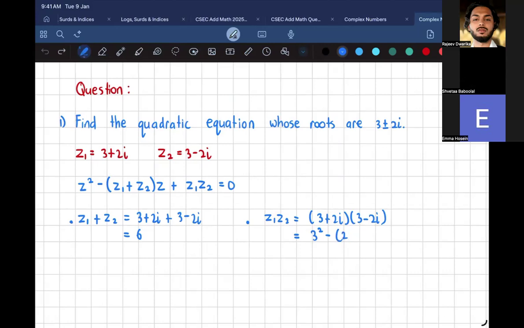It really doesn't make sense to expand it completely when you could just use difference of two squares. 3 squared is 9, and what is 2 squared? 4. So it'll be 4 by minus 1, and you get 13.